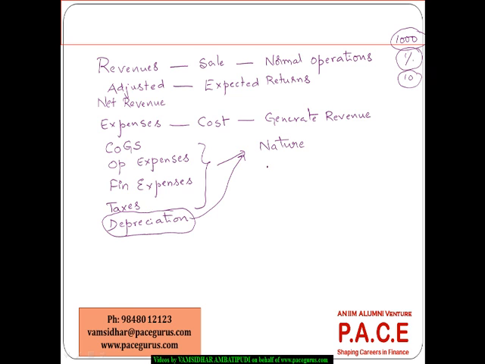Or in some cases, it could be function wise grouping. When I say function wise, if I look at the finance expenses, all the various loans that have been taken in different forms, the interest that needs to be paid on all the loans is grouped together as a part of finance expense.